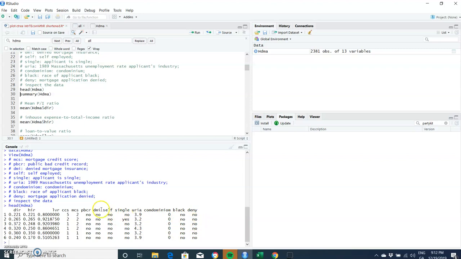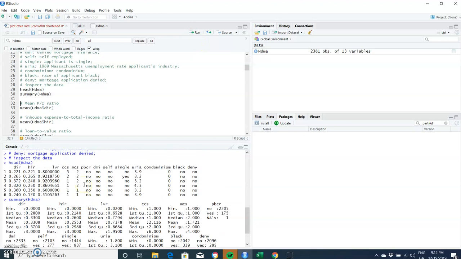Deny is no or yes. Credit history, public, PBCR also no or yes. DMI no or yes. Loan to value ratio is expressed as a decimal. HIR and DIR both expressed as decimals.